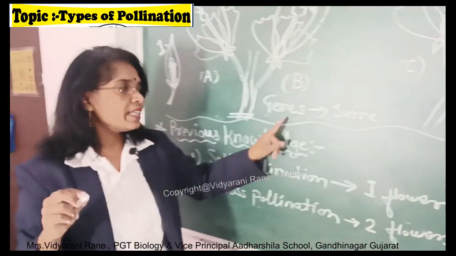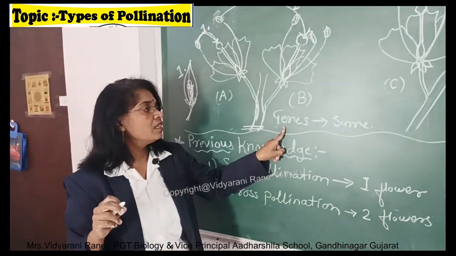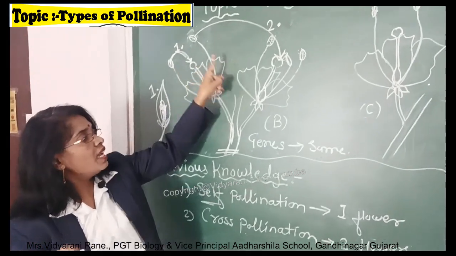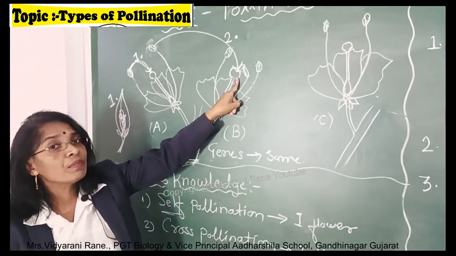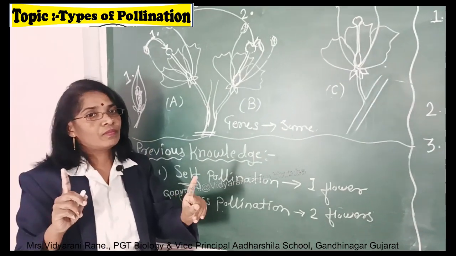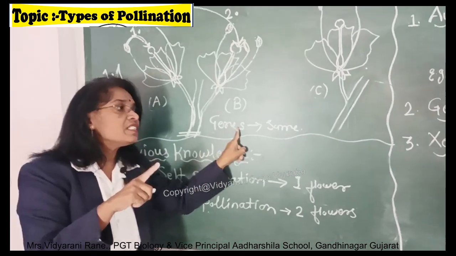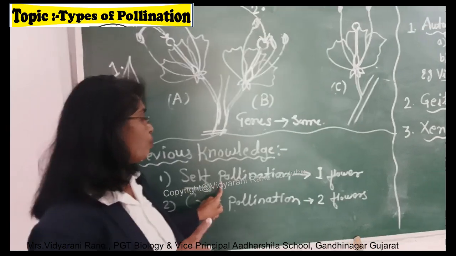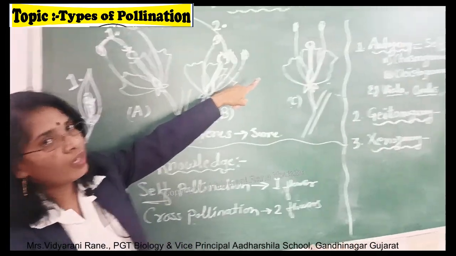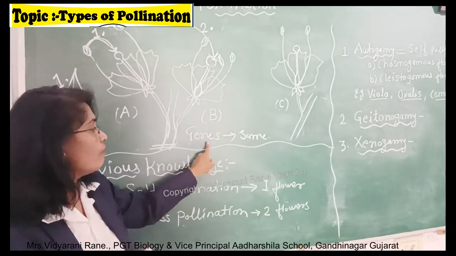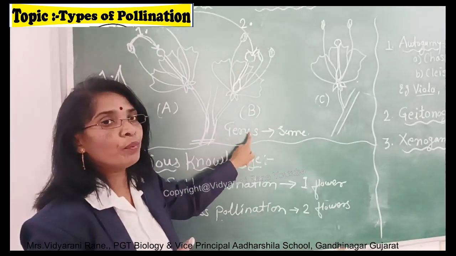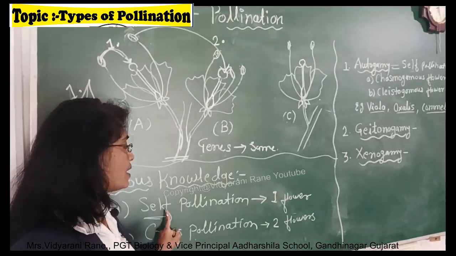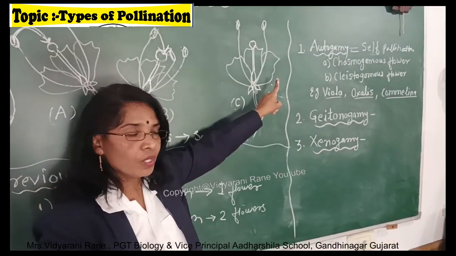So in context with genes, the genes of these pollen grains and the genes of this stigma are the same. So in this reference, this will again be self-pollination or autogamy, right? Whenever we see pollination at the gene level, it is again self-pollination or autogamy.